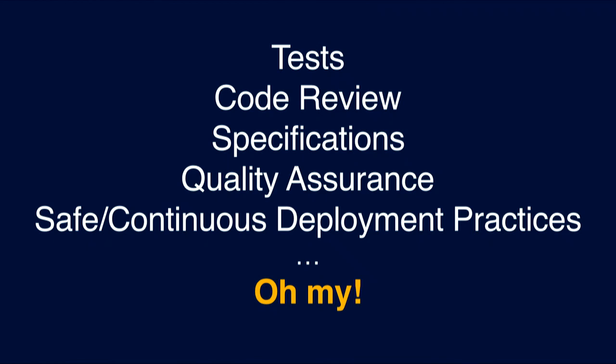We have specifications that we can make sure are really well defined, so there isn't any room for interpretation. We even have professionals who are dedicated, and it's their job to ensure quality, black box and white box testing, and all sorts of other things with continuous deployment. We might have pipelines or use Bamboo. There are all these things that we're doing, but it seems like we still have these bugs, right?